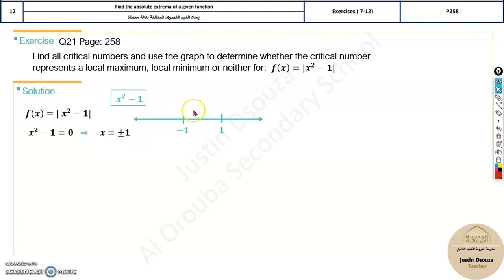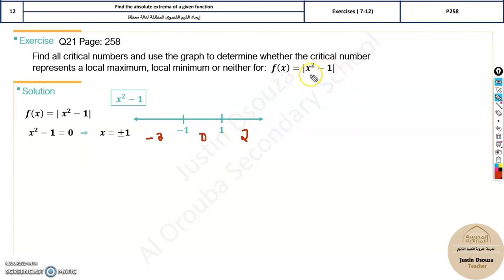And now let's find what the signs are for each of these intervals, because it's an absolute value function problem. Before -1, you can take any test value, say -2 or -3. In the middle, you can take 0, or 0.5, -0.5, and over here we can take again 2.